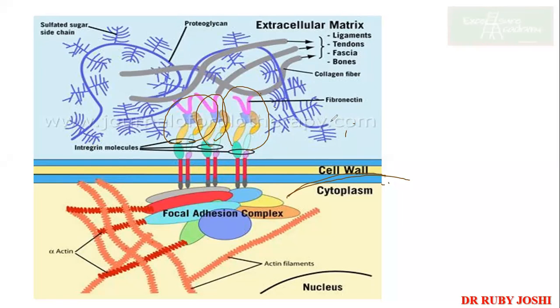Is it going to move in between these collagen fibers? What will be the best way to move from one place to another? Shruti? How are the cells able to move when they are bound to this extracellular matrix?